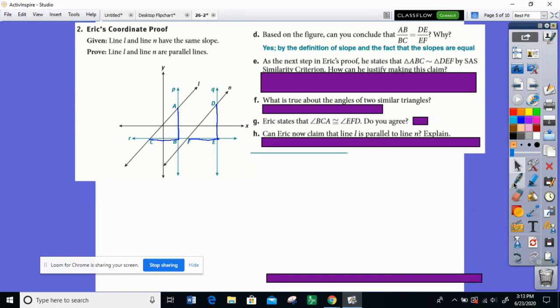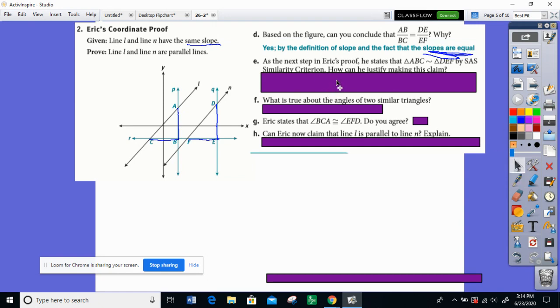Well, we were told in the given information that these two lines have the same slope. So we saw in Maria's proof that this gives us the rise over run ratio for line L. This gives us the rise over run ratio for line N. So these are two slopes, and we were told that the slopes are equal. So we know that those ratios are the same.